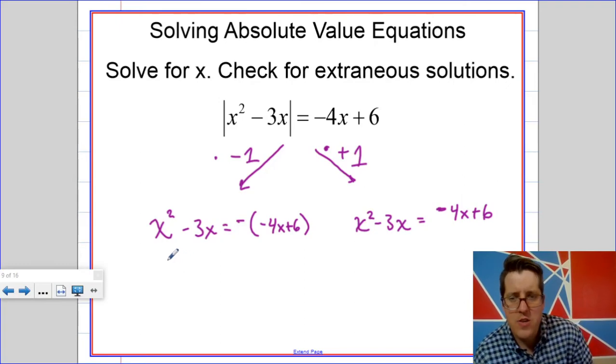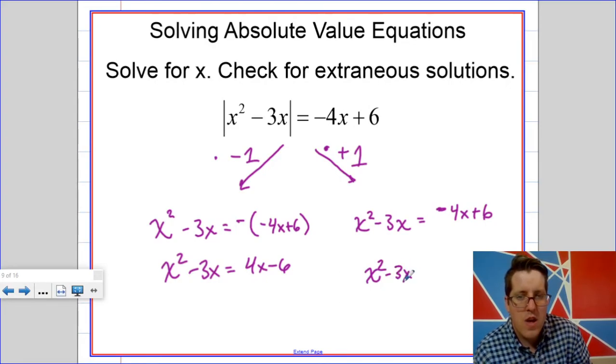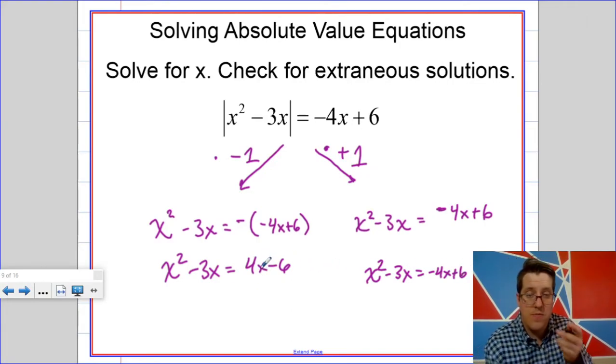So in this case, we're going to get two quadratics. X squared minus 3x equals 4x minus 6. And x squared minus 3x equals -4x plus 6. We're going to go ahead and solve those. Remember, most quadratics have two solutions, either real or imaginary.